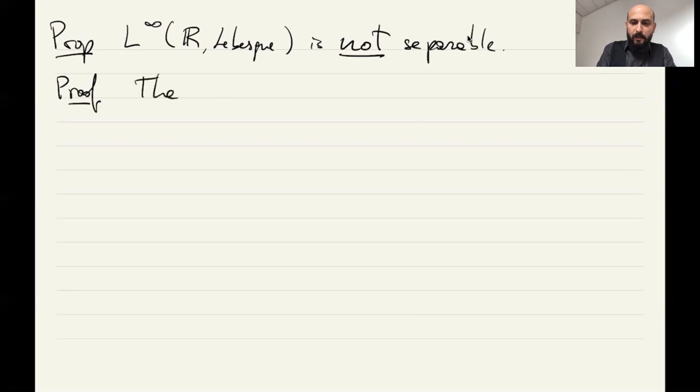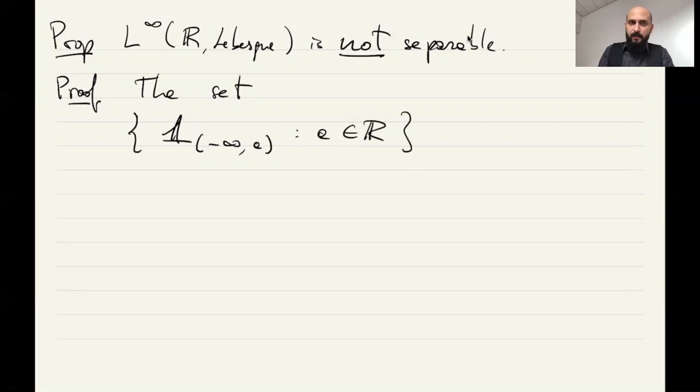One can consider the set of characteristic functions of minus infinity to A, with A real, and this set is uncountable. It's an uncountable set that is 1-separated. So points in this set have distance at least 1.